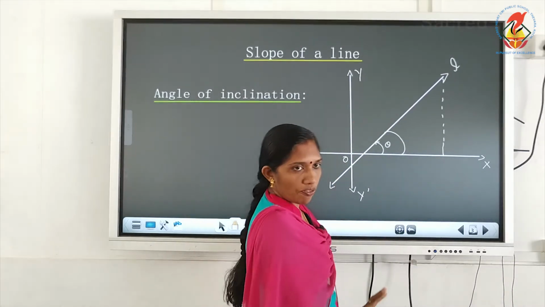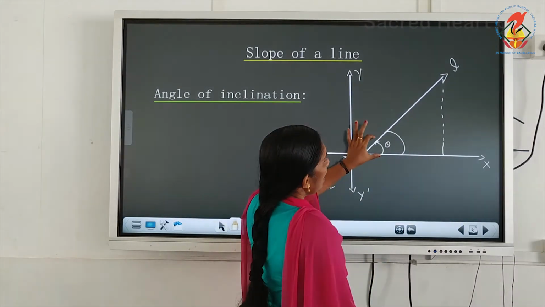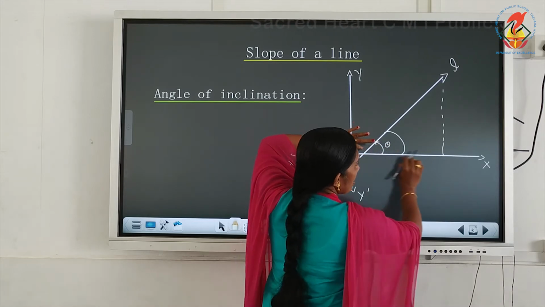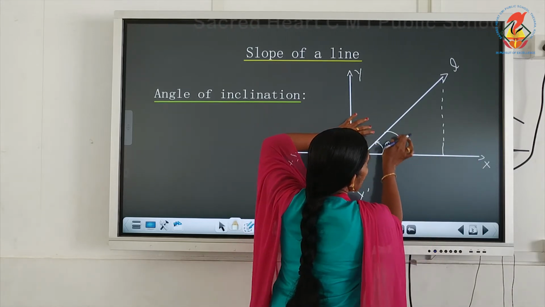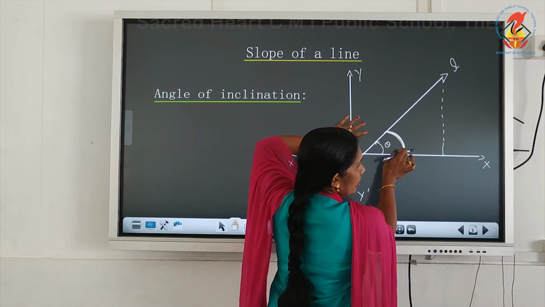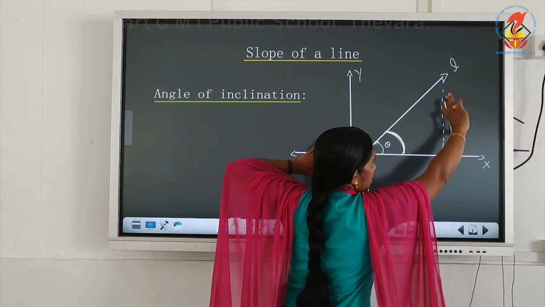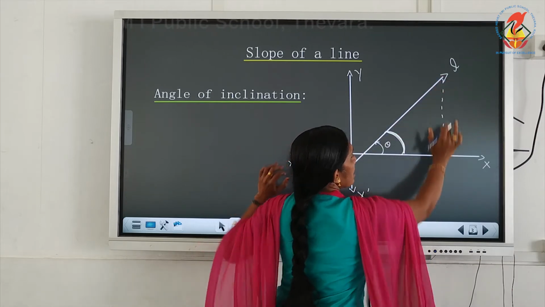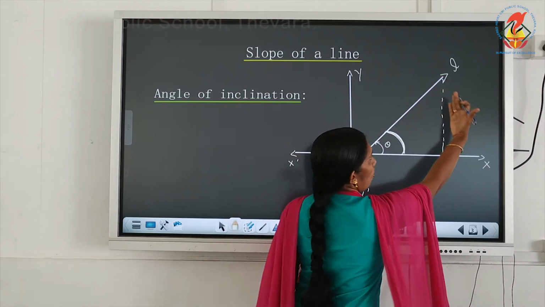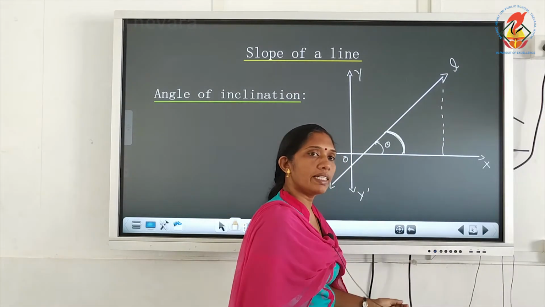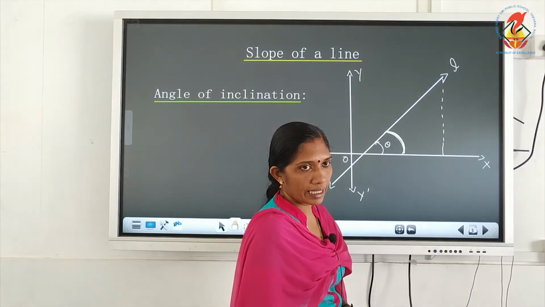Then slope of a line means this theta with respect to this axis, how much is this measure? So, we need this measure and this also. When we consider this right angle triangle, this opposite and adjacent side we need. That opposite by adjacent, that ratio is tan theta.